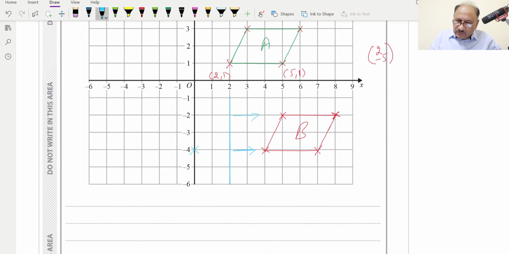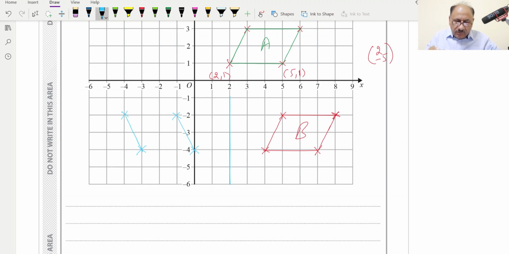We'll check, this is 3 units, so 1, 2 and 3 units this point, and next is 3 units over here, and 1, 2 and 3 units. We got this one parallelogram, and we will be drawing this one like this over here.